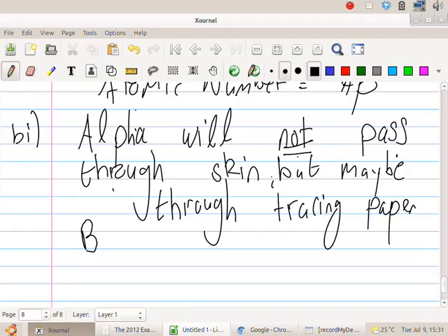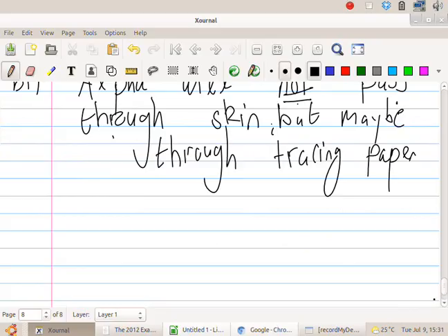Okay. Now what about beta? We're happy that beta will pass through paper. It'll pass through skin, but not through walls. So beta is stopped by foil.